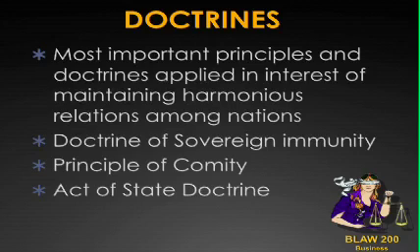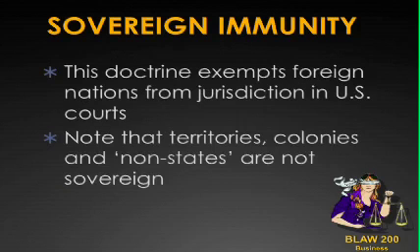Okay, so the most important doctrines we have that are part of our international culture are sovereign immunity, comity, and act of state doctrine. So we'll take a quick look at those. Okay, sovereign immunity essentially means that the nations that are sovereign are not subject to the jurisdiction of U.S. courts.